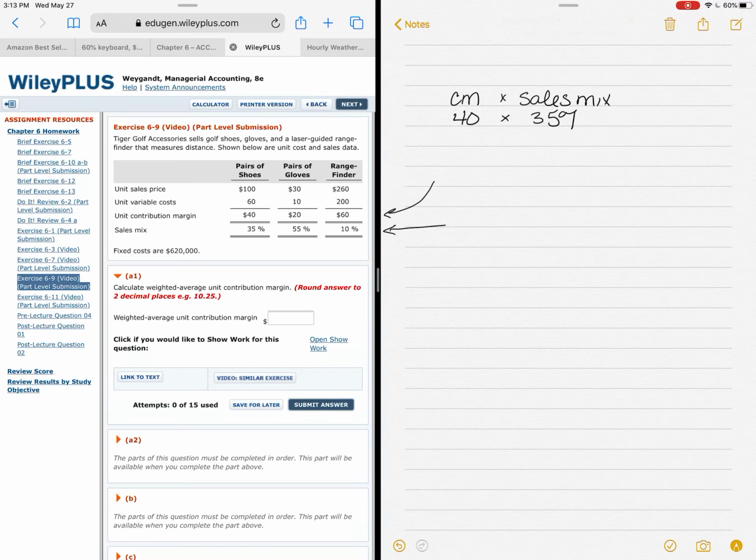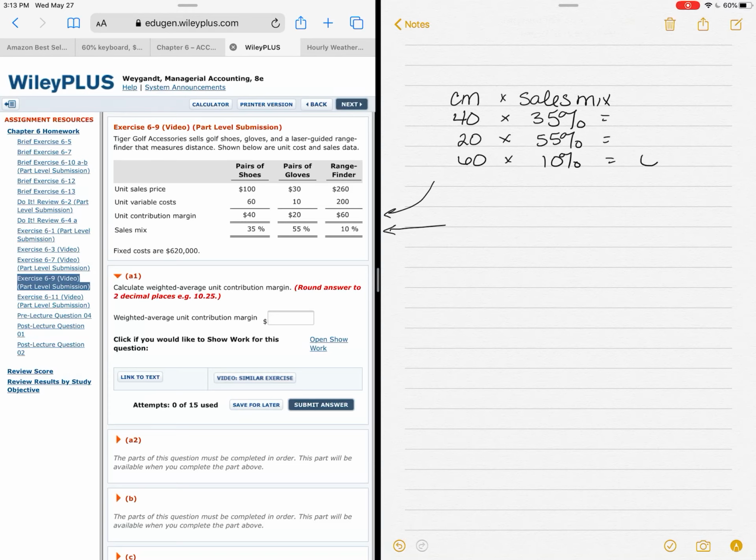The shoes are $40, and we multiply that by 35%. Then we're going to take the $20 for the gloves and multiply that by 55%. We're going to take the range finder, whose contribution margin is 60, and multiply that by the 10%.